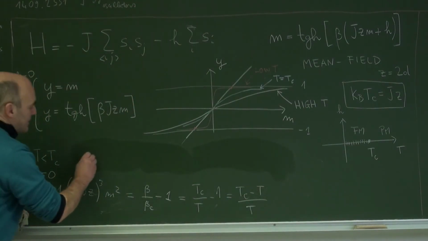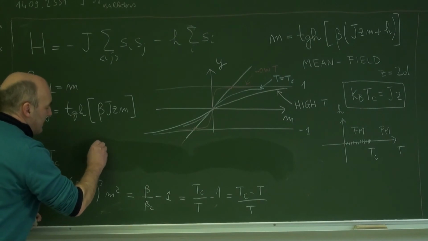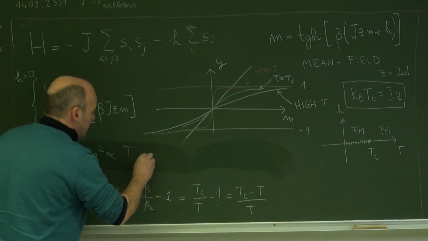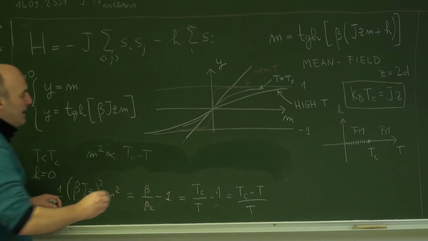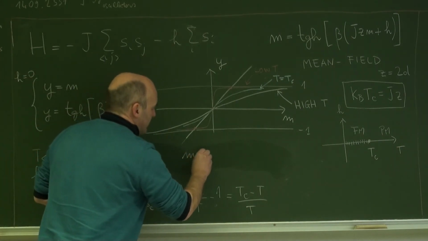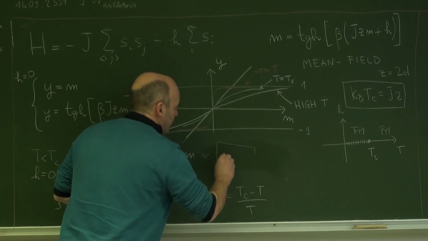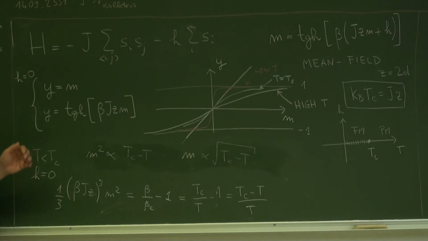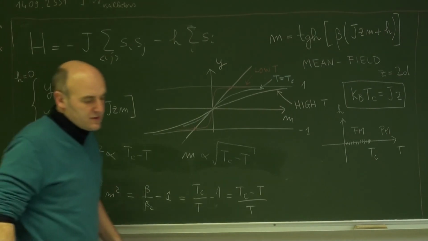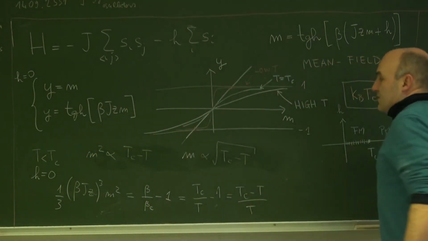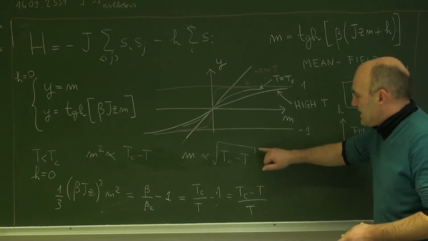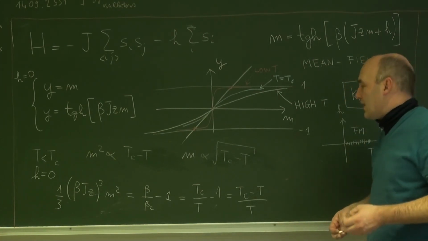The lowest order term is that m squared is proportional to Tc minus T, or that m is proportional to the square root of Tc minus T, which means that the spontaneous magnetization goes to 0 as the square root of Tc minus T. This is another critical exponent, equal to 1/2.